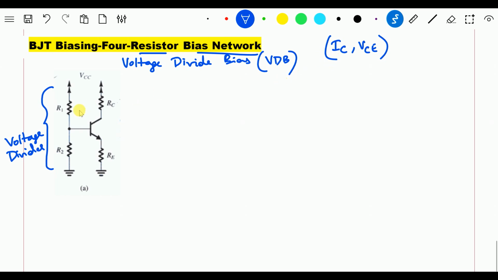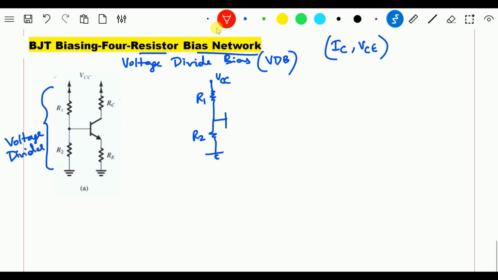Now, as we see, this is a voltage divider bias circuit, like the RB1 and RB2 we discussed in the previous biasing circuit. Here, VCC is connected to the top, R1 is connected here, you see the base here, and you have R2 and a ground.